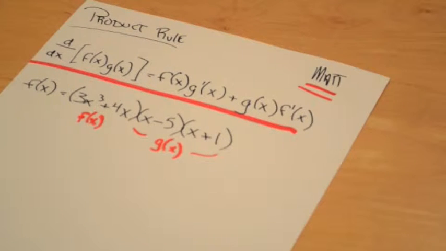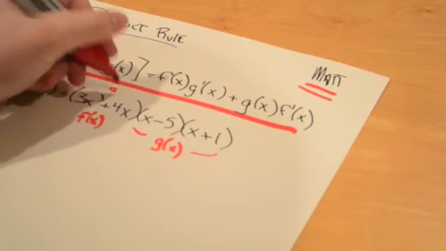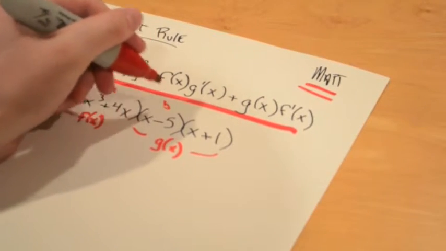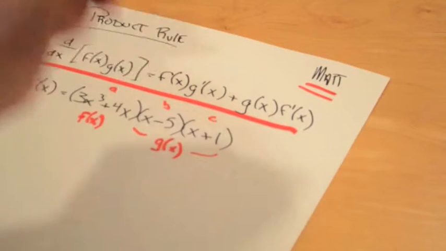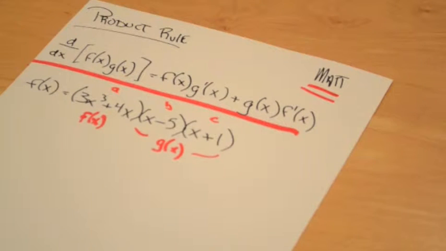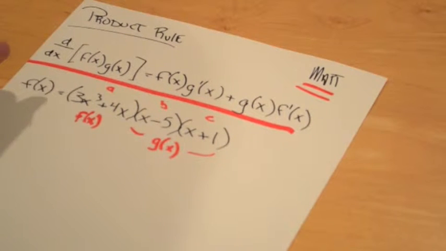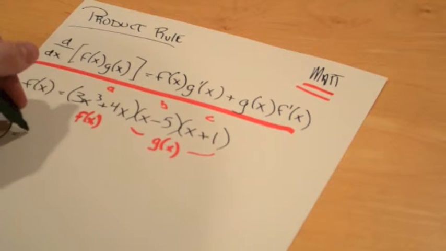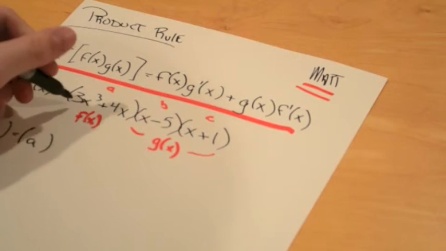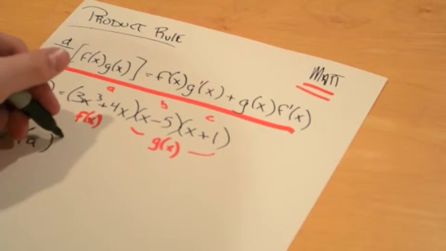So, breaking it all down, how am I going to solve this problem using the product rule? Think of 3x to the third plus 4x as a, x minus 5 as b, and x plus 1 as c. Now I'm going to break it down for you in a simple manner so you can get started. The derivative of f of x equals a, 3x to the third plus 4x.